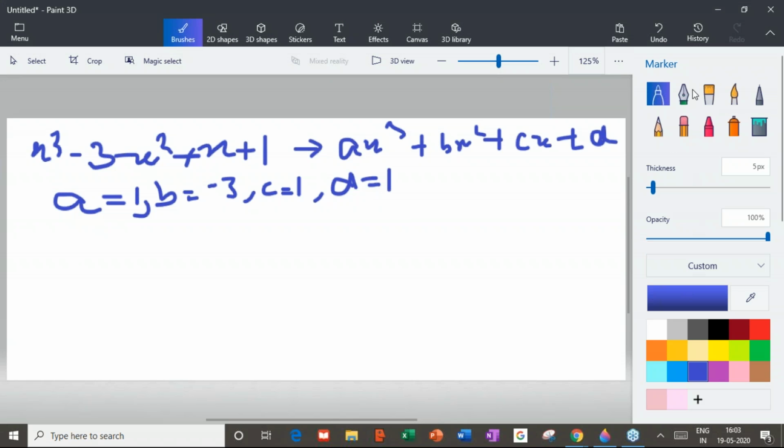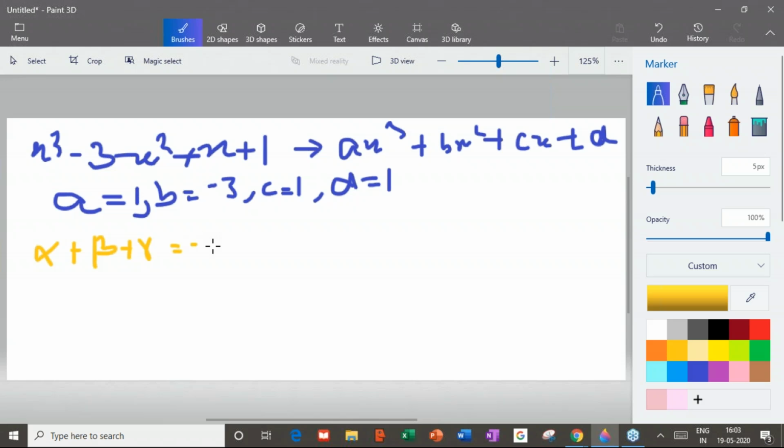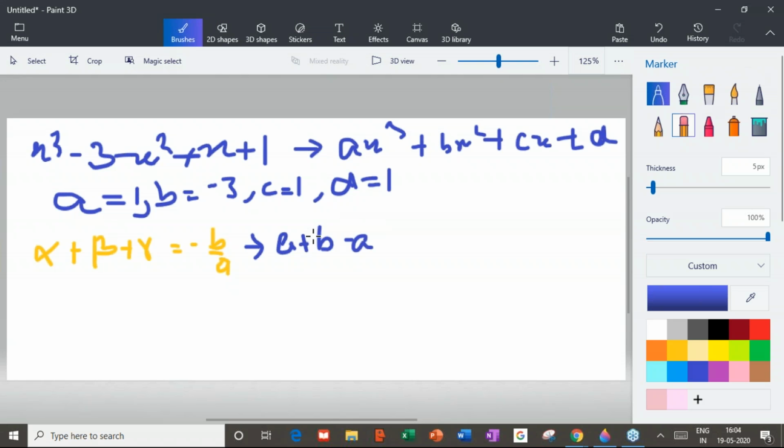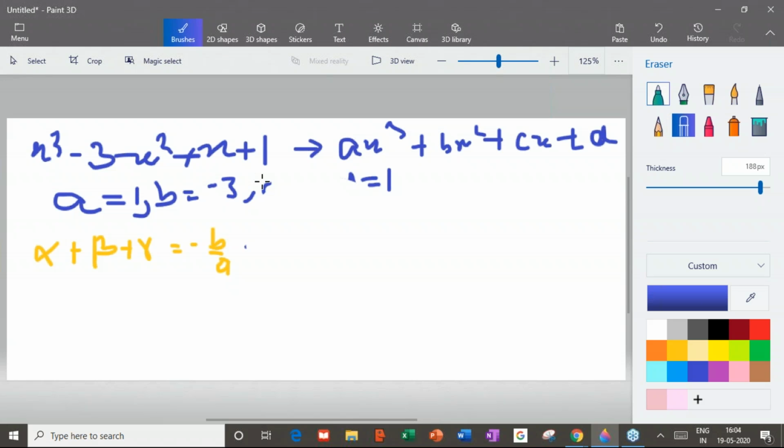Now taking the first property, which is nothing but alpha plus beta plus gamma is equal to minus b by a, I'm going to solve this. So what do I get? C is equal to 1 and D is equal to 1.